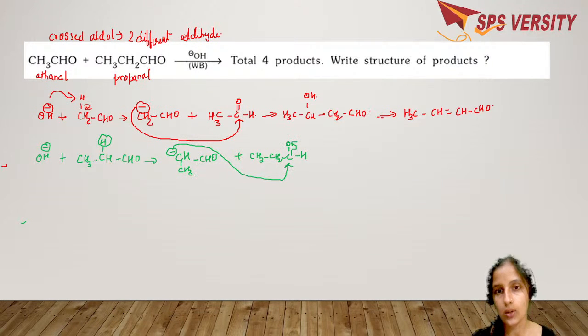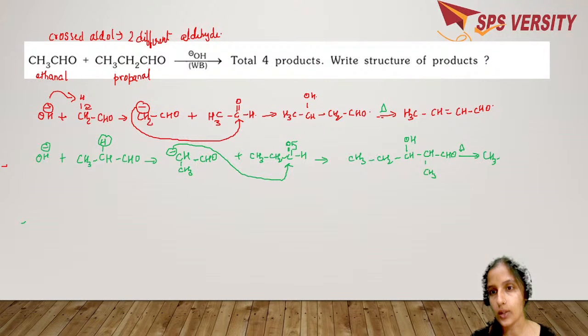As a result, what are you going to get? CH3 CH2 COH and a H, and then from here it is CH CH3 CHO. When you heat this compound, here also the heating is missing, what are you going to get? CH3 CH2 CH double bond C, and CH3 over here and a CHO.